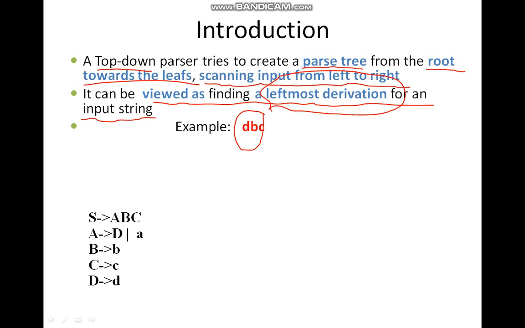Now we will try to understand this by taking a suitable example. This is your input string, and you need to check whether syntactically it is right or wrong. If it is syntactically right, it means we can generate it using this grammar, and this is the grammar against which you need to check its syntax.